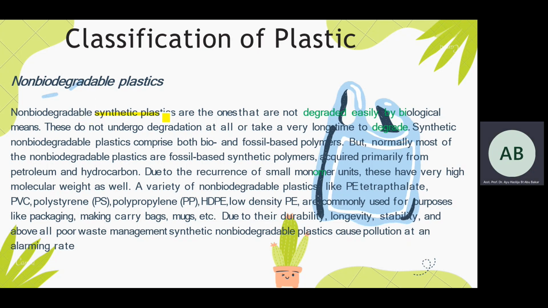It is a synthetic plastic, not degraded easily by biological means, or it takes a very long time to degrade. So as you know, now they are moving into biodegradable plastic. Tesco, the giants, all have moved towards biodegradable plastic already.